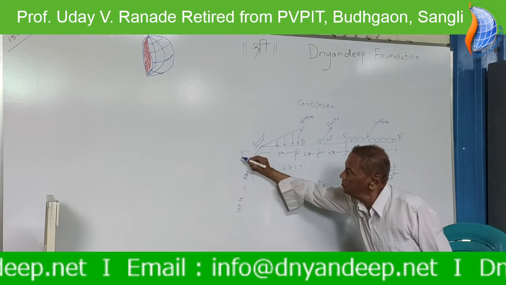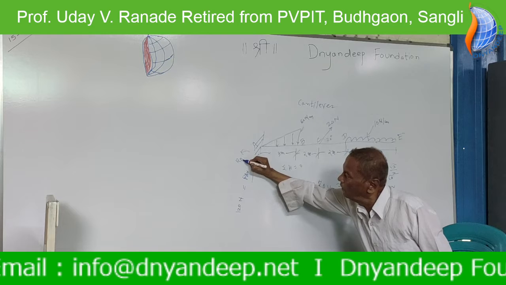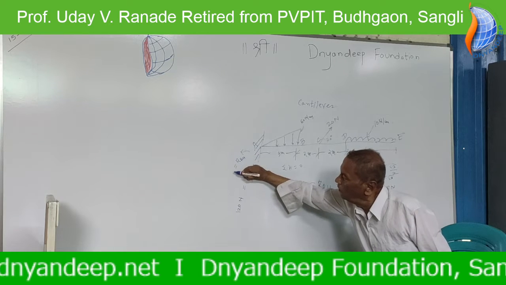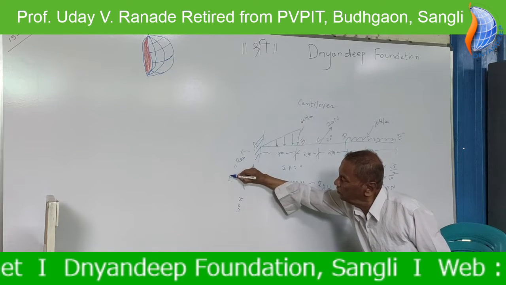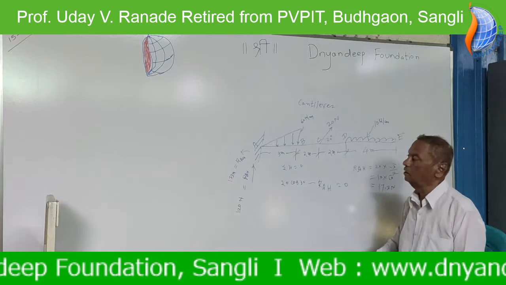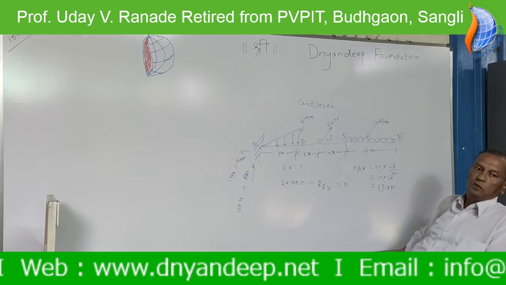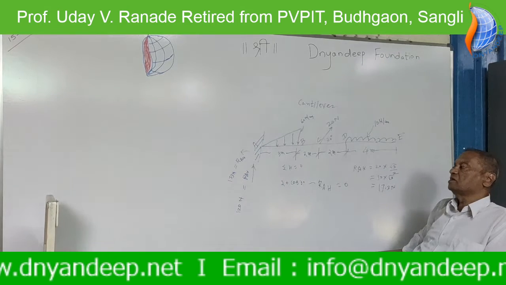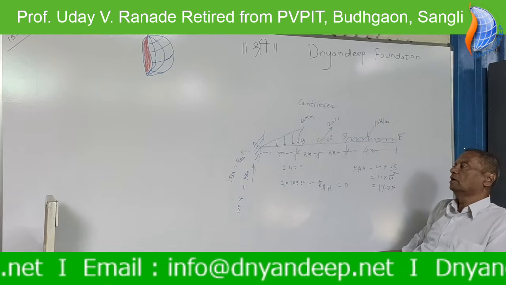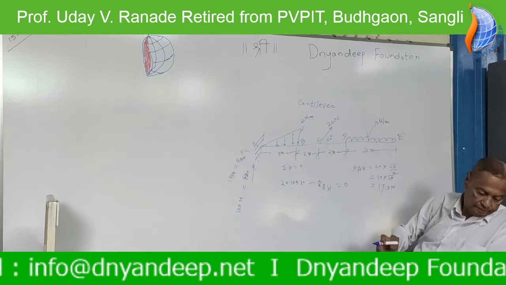So RAH is 17.3 Newton. Now at fixed support we know there are three reactions, one vertical, one horizontal, and moment.